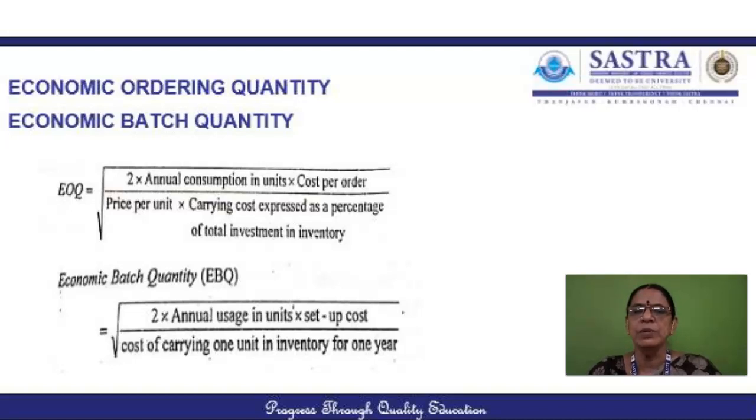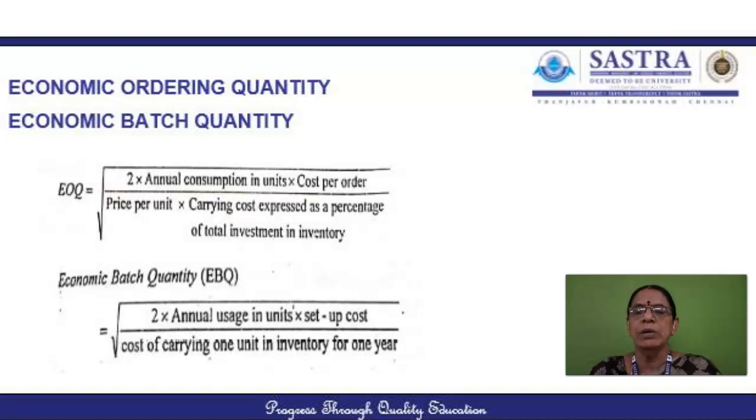If 3,000 units are ordered, the cost will be as follows. Annual consumption is 12,000, so divided by 3,000 units, we will get 4 orders. So 4 orders into 75 rupees per order comes to 300. Carrying cost should always be calculated on the average inventory, that is, order size by 2.